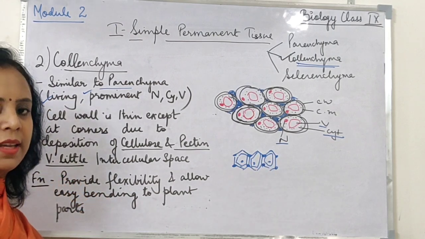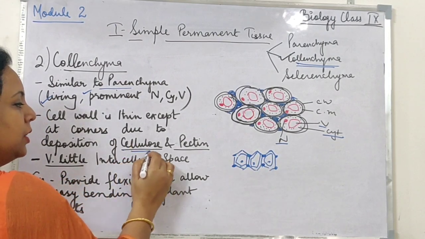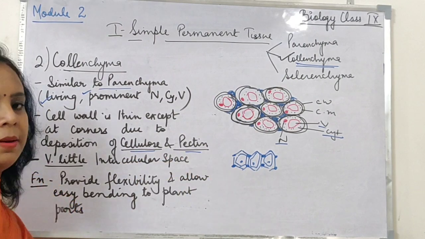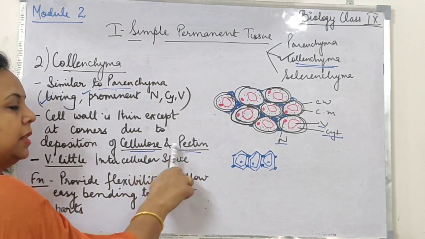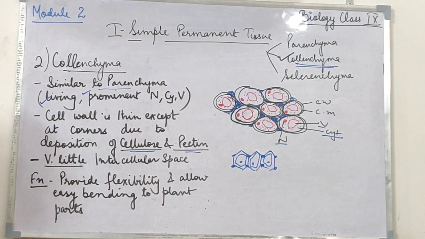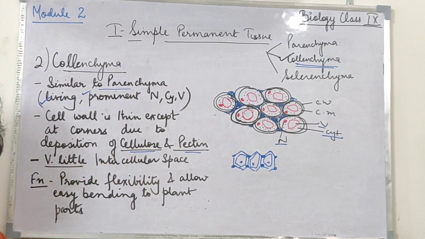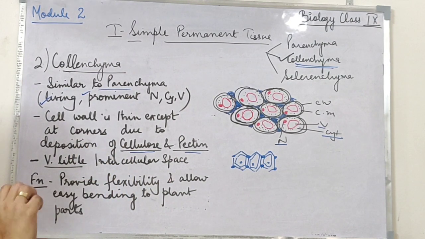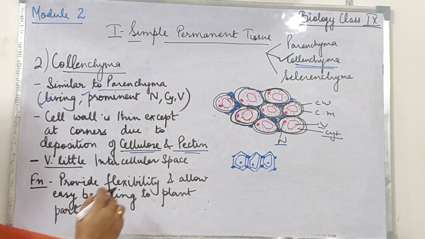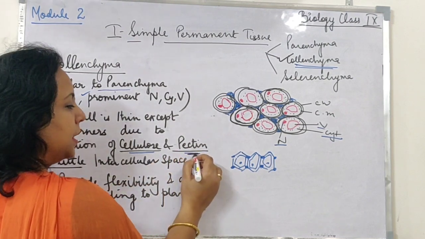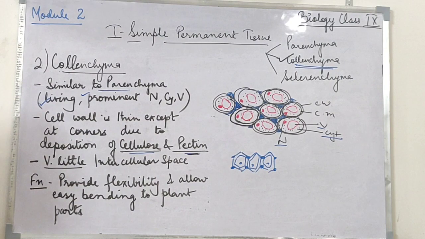And why is this thickness? This is because of the deposition of cellulose and pectin. It is very important to remember these two terms. Normally, cellulose is present in the cell wall of all the types of cells, but over here, because of this particular substance, pectin, what happens?